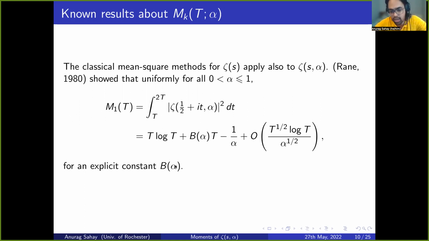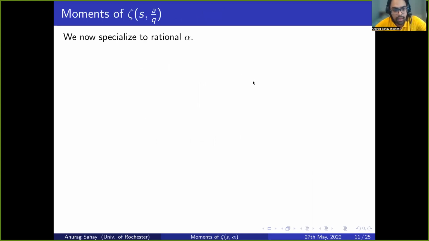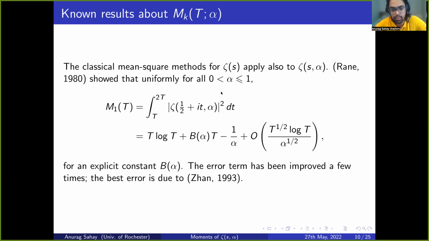This constant is quite explicit, but I didn't want to write it down. And this error term has been improved a few times. The most recent one is due to Chan in 1993. But this is pretty much all that was in the literature as such.